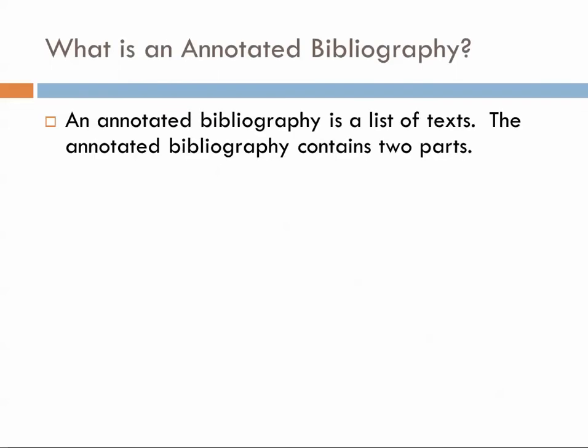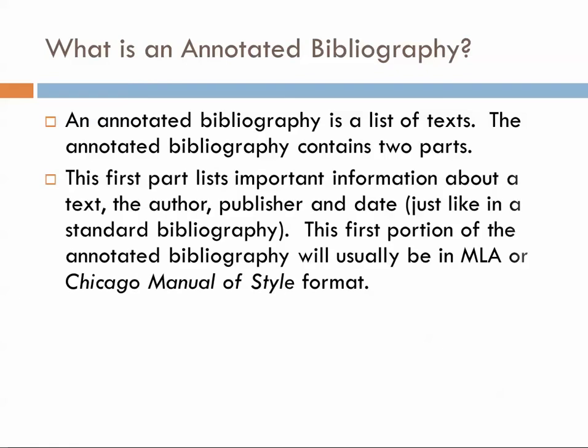An annotated bibliography, when you get right down to it, is a list of texts. Those texts could be bound books, they could be articles. We'll go over that in another few minutes. Each entry has two individual parts.